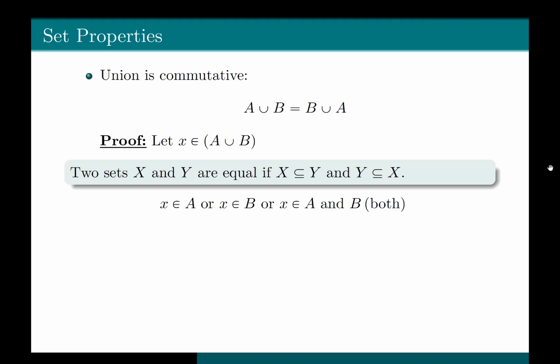So now the first thing is to prove that A union B is contained in B union A, and the second thing would be to prove that B union A is a subset of A union B. And this is why I started the proof by taking an element x in A union B, because now our goal is to prove that this small x belongs to B union A. Because if we prove that, then we would have that A union B is a subset of B union A. And then we're going to prove the other way around, that B union A is a subset of A union B, and we will have the property that both these sets are equal.